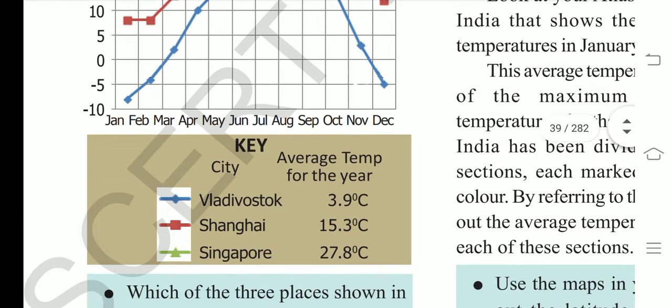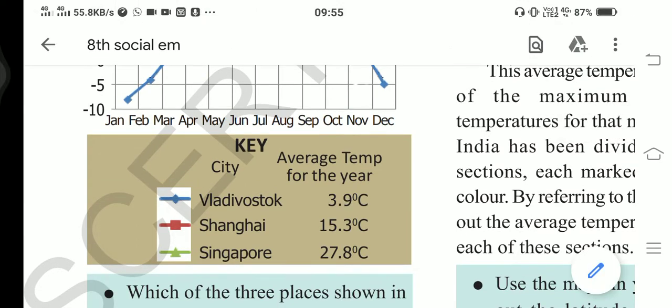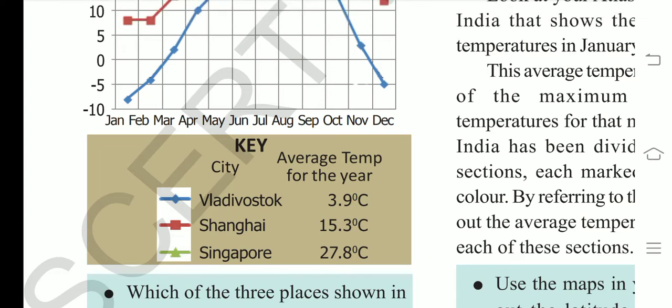But what is shown in the key is the average temperature for the whole year: at Vladivostok 3.9 degrees centigrade, at Shanghai 15.3 degrees centigrade, and at Singapore 27.8 degrees centigrade.